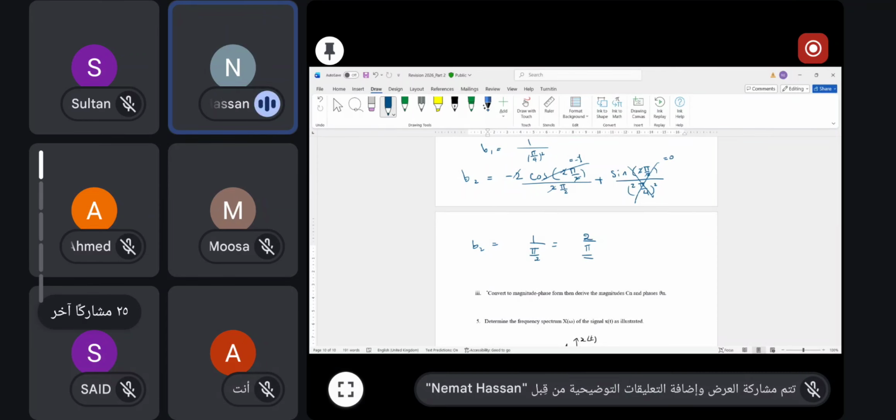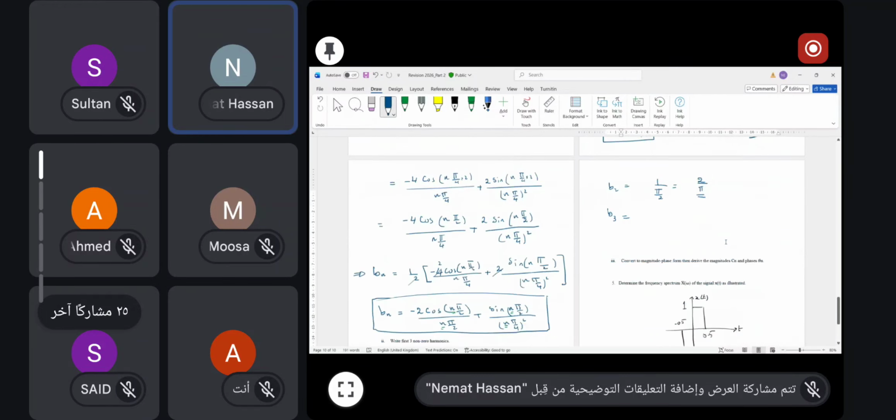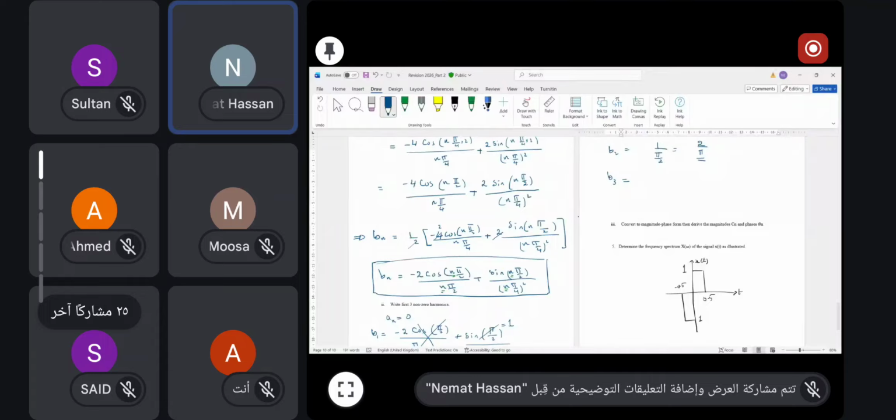Okay? Let's find B3. B3 is equal to -2 cosine 3 pi over 2 over 3 pi over 2 plus sine 3 pi over 2 over 3 pi over 4 squared.